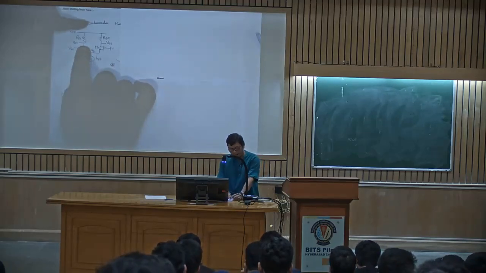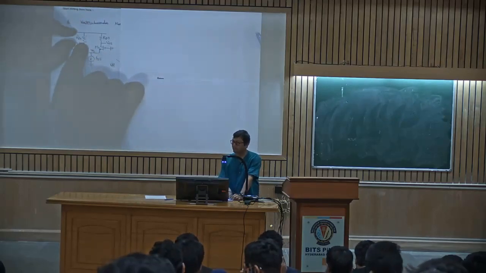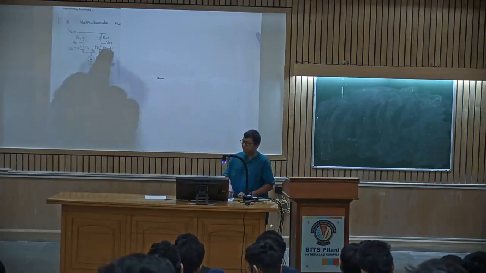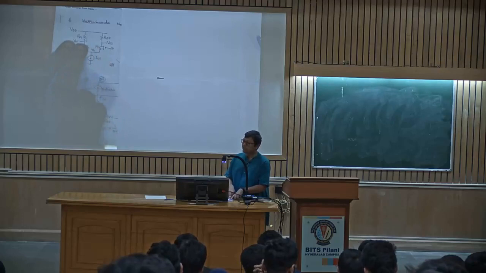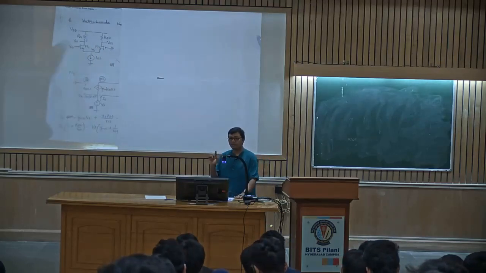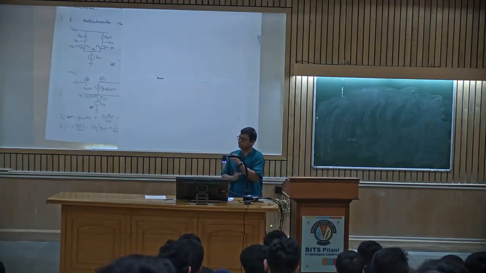VDD minus the maximum drop. What is that? ISS into RD1. So here you are getting the maximum value as VDD. Here you are getting VDD minus ISS into RD. Everyone clear with this until now? But that is happening in the differential mode.